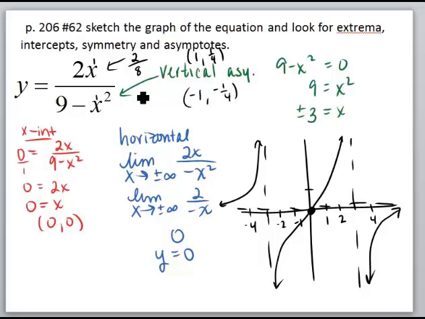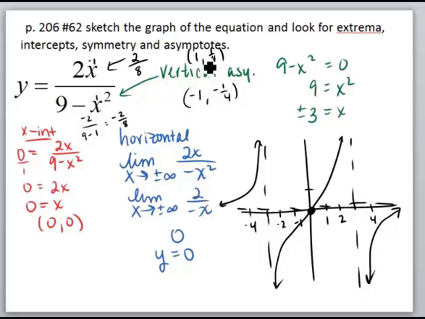And we can see that if I put negative 1 in here, I'd end up with a negative 2 over, that would be 9 minus negative 1 squared, which would be 1, so you'd end up with negative 2 over 8.